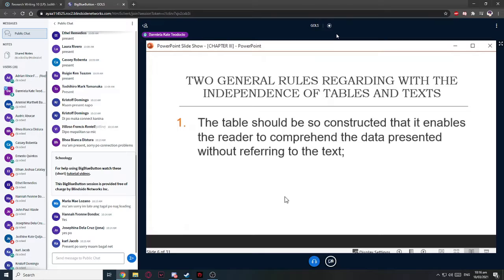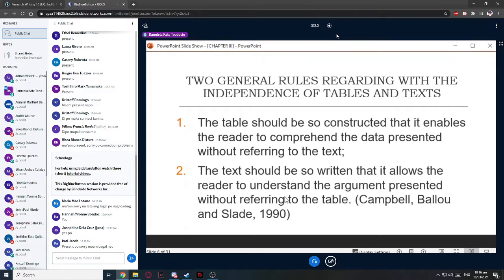On the other hand, our text should also be understandable even without referring to the table. It is because they should be independent in the way they are expressed or presented in your chapter 3. Even though table and text should be together in presenting data, not all of your readers will be reading tables, or not all of your readers will be reading text.